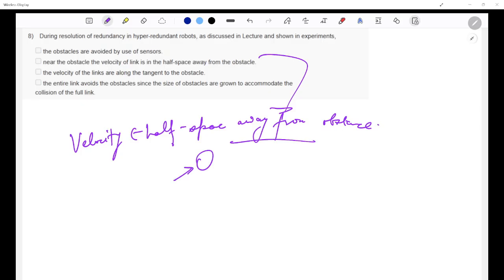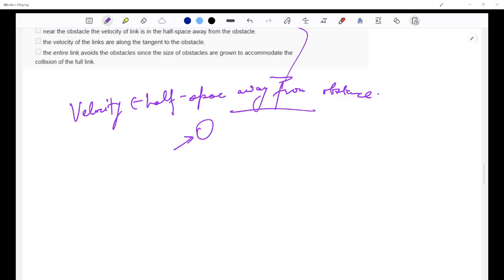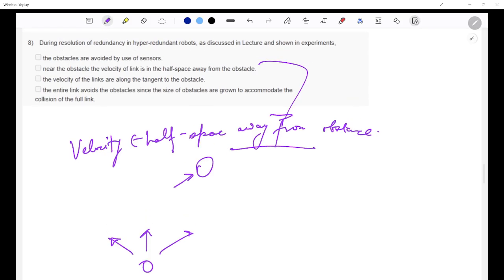Okay, so if the obstacle is here, the allowed velocities are like this, but not downwards towards the obstacle. Hence the option B, which says that near the obstacle, the velocity of the link is in the half space away from the obstacle, is correct.